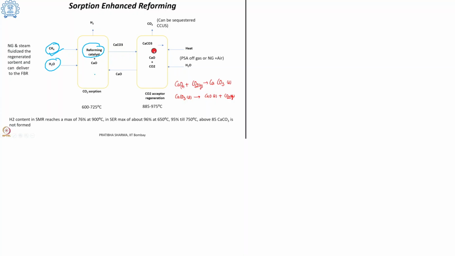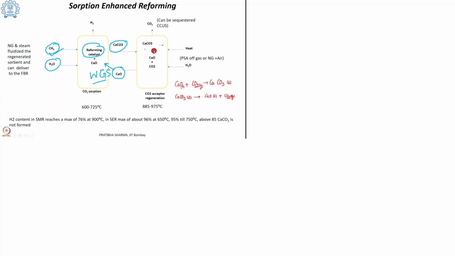Here the water gas shift reaction is also happening. CaO is used to adsorb the carbon dioxide produced from the water gas shift reaction, and it will form CaCO3.